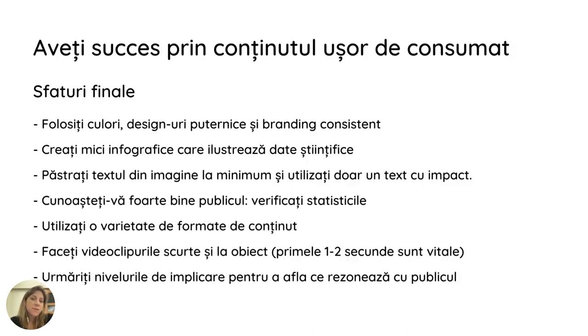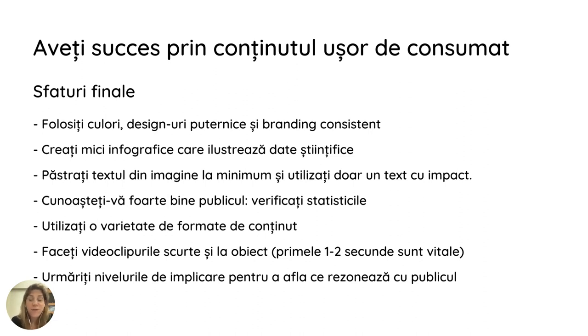So this covers the organic strategy of creating snackable content to reach and engage people. Just remember to use colors, powerful designs, and consistent branding to build awareness with your audience. Use infographics to illustrate complicated data, keep text in the image to a minimum, and really focus on using powerful text and copy.